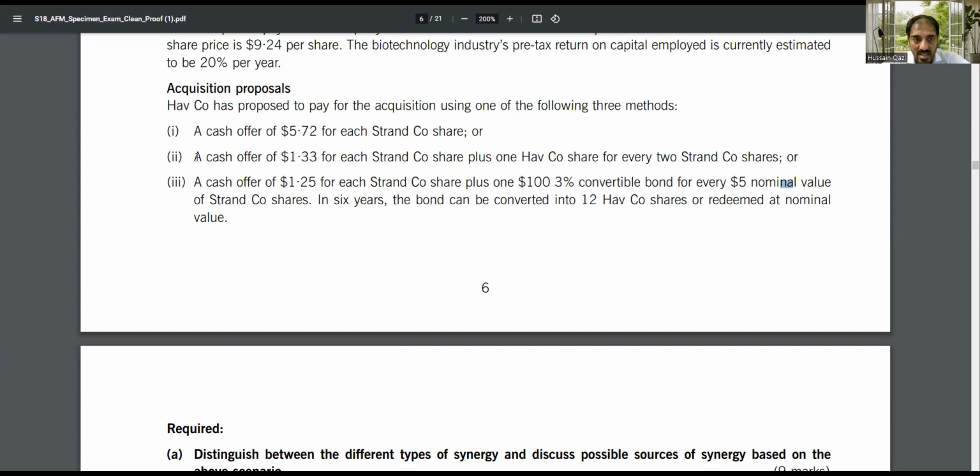That is already done. But I also wanted to discuss this point. In the original question, it is mentioned that the company proposed a cash offer of 1.33 for each Strand share plus one company share for every two Strand shares.